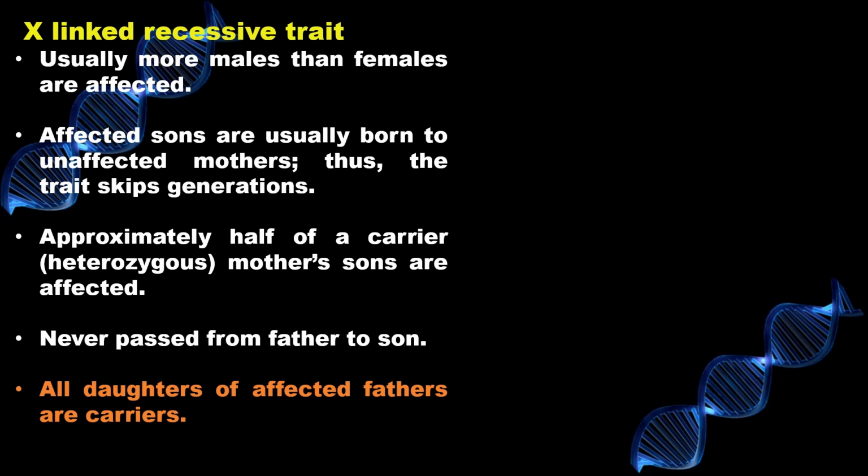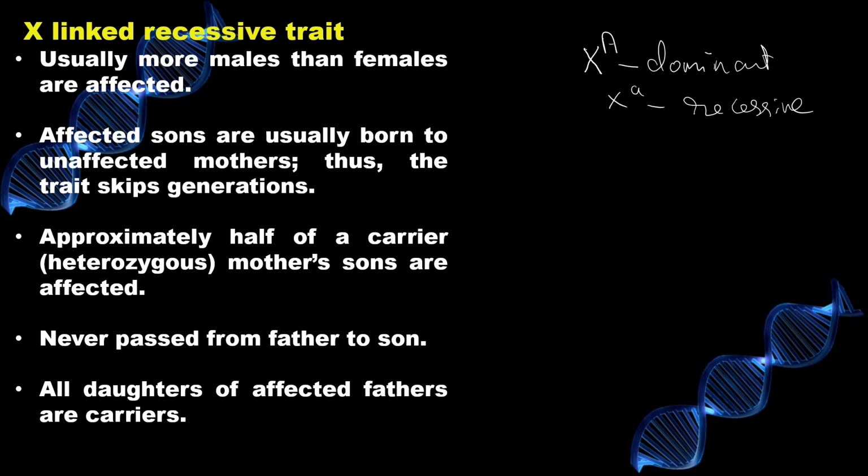So we can check a condition of this by pedigree chart. Before that, this chromosome will be represented like this: X capital A for dominant allele and X small letter a for recessive X chromosome. Okay, a heterozygous female married a normal man.